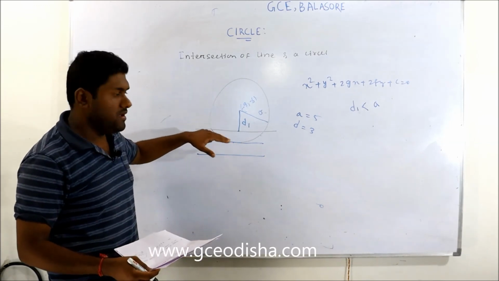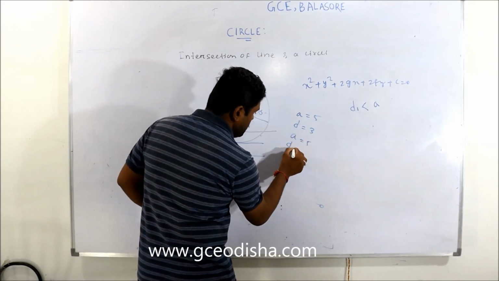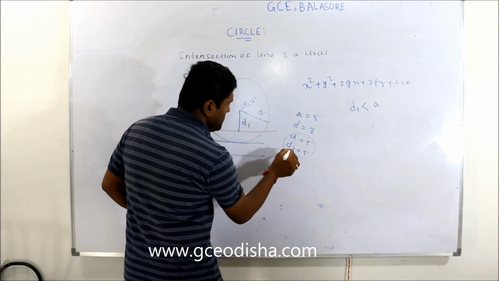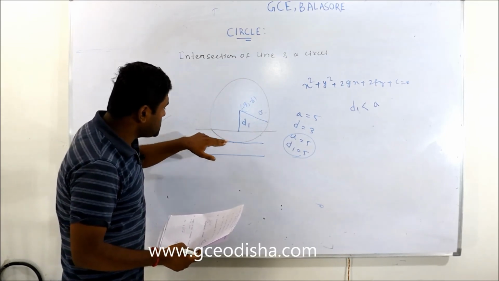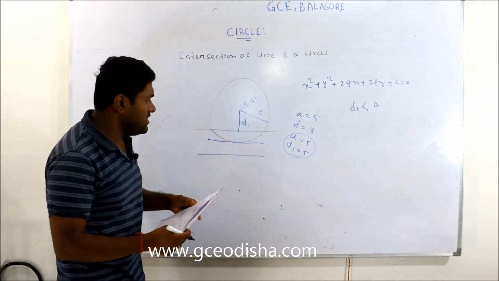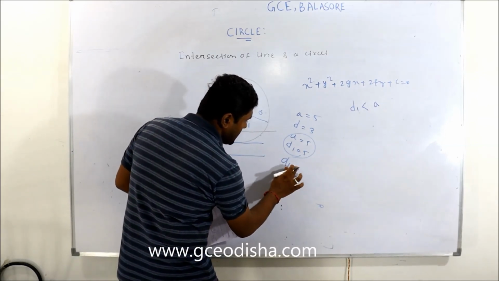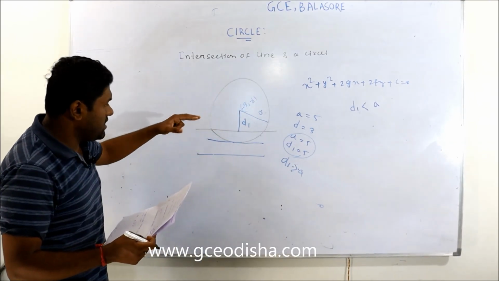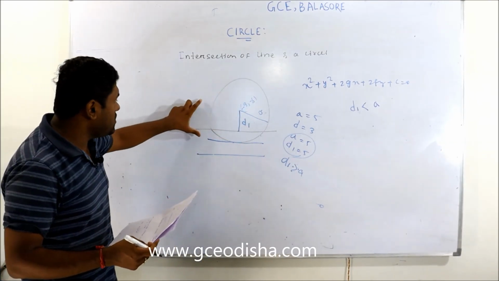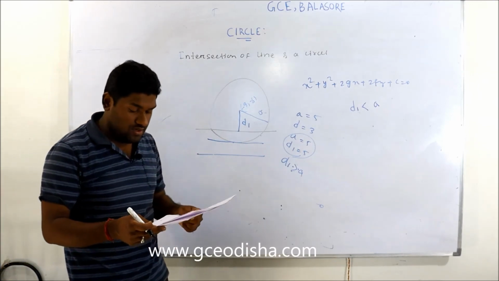If the radius a is 5 and d1 is equal to 5, then the line just touches the periphery of the circle. If d1 is greater than the radius, the line does not touch the circle, it is beyond the circle. Okay, thank you.